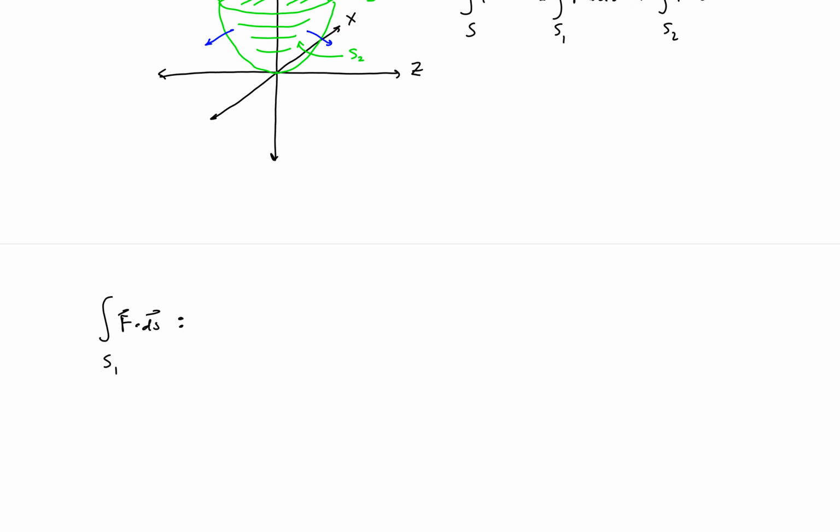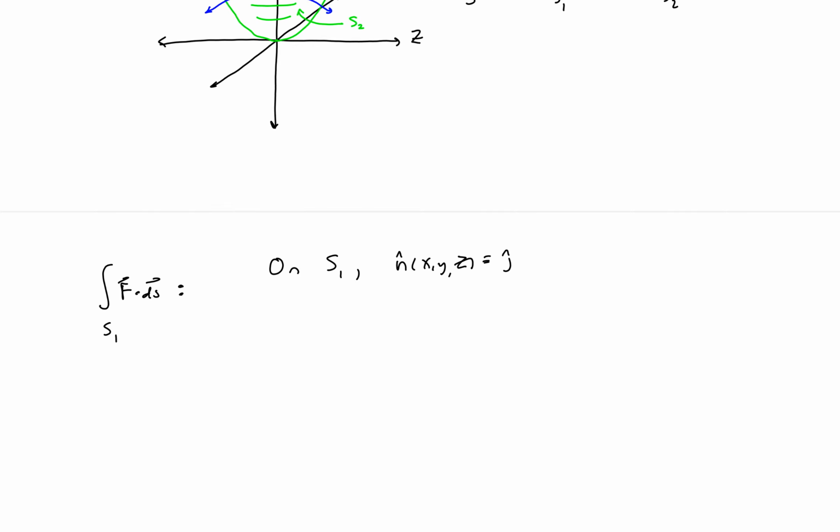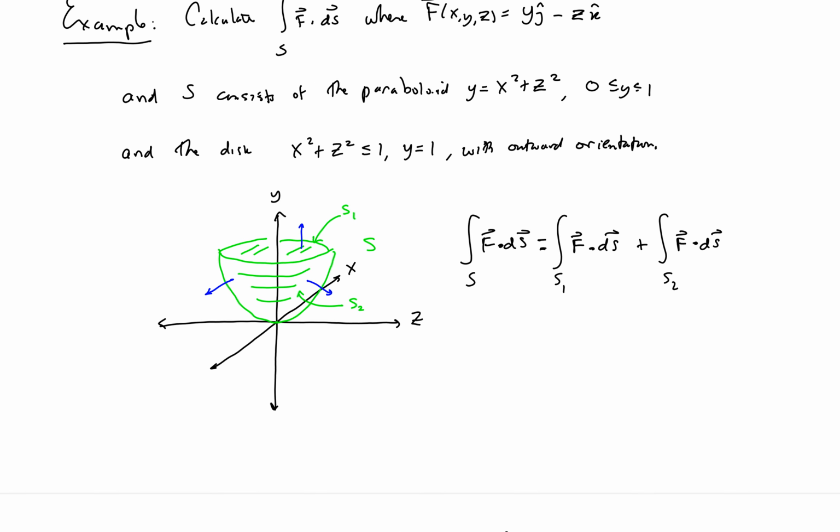Now we could do this by parameterizing S1, and that would work perfectly fine. But we can also notice that on S1, our normal vector everywhere we can just take to be the vector j, because it's just pointing straight along the y-axis. And if I look at F of x, y, z, well, on S1, I know that y is always equal to 1.